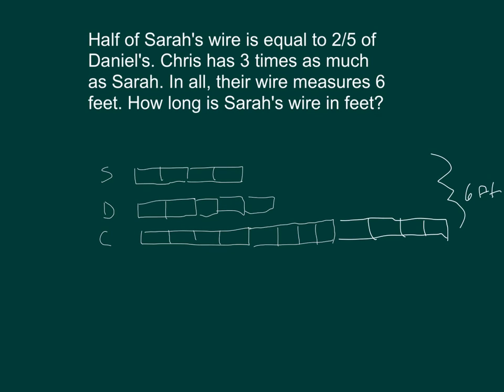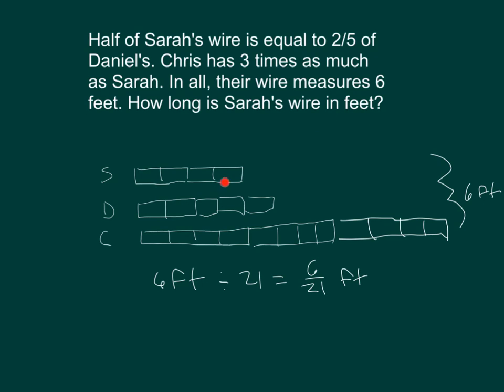So we have 21 total parts. 1, 2, 3, 4, 5, 6, 7, 8, 9, 10, 11, 12, 13, 14, 15, 16, 17, 18, 19, 20, 21. So we have 6 feet divided by 21 equals 6/21 feet for each of those boxes. How long is Sarah's wire in feet?